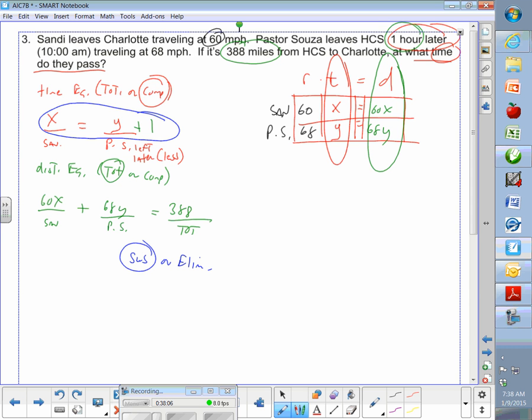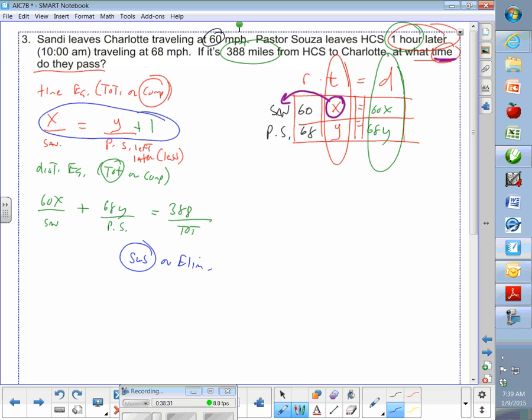When you solve, if you get X, what would X be? Look at your chart. What would X represent? Go to your chart. Your chart tells you everything. X is the time for Sandy. So you've got to be careful. It says at what time do they pass? So you'll find out the total time Sandy was traveling. All right?